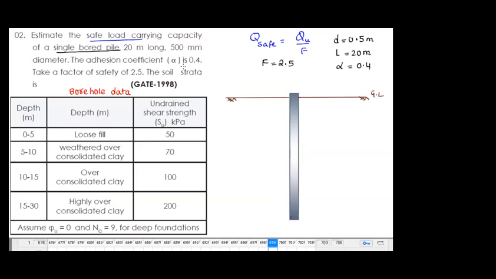So first, you see, in the first 0 to 5 meters, the soil is loose fill. What is the undrained shear strength? The soil is clay, right? The meaning of undrained shear strength is Cu.